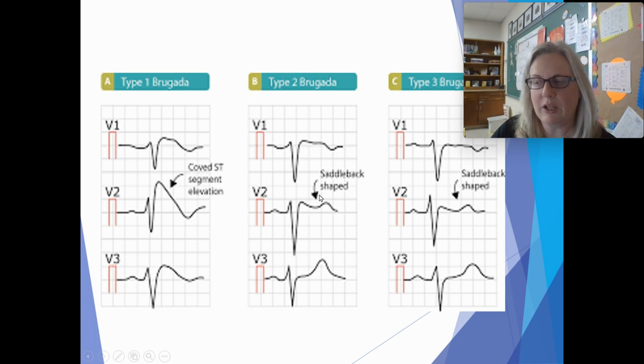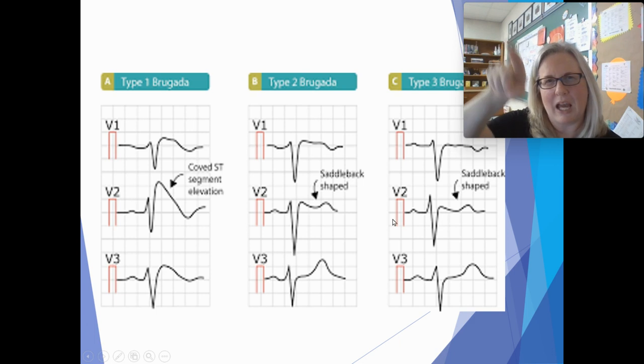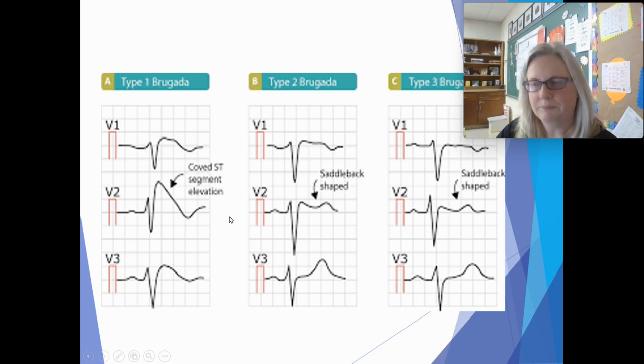So it's not straight across like we've seen in the fireman's hats. It has this saggy part to it. It slopes down. Okay, in 2 and 3. This is a little less identifiable than these two. If I'm going to put anything on a test, I'd probably put one of these two on with a definite saddlebag look. Okay, but that's Brugada.